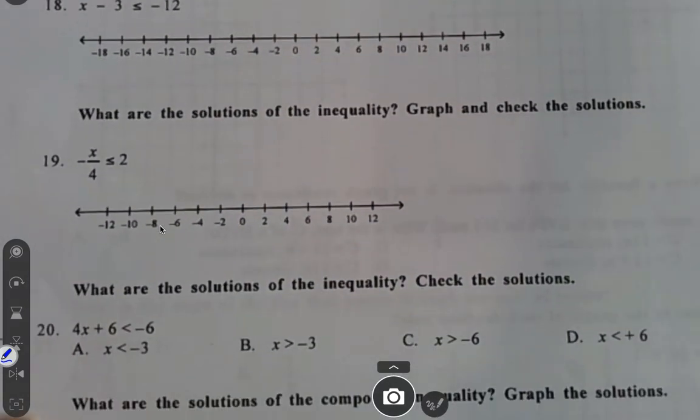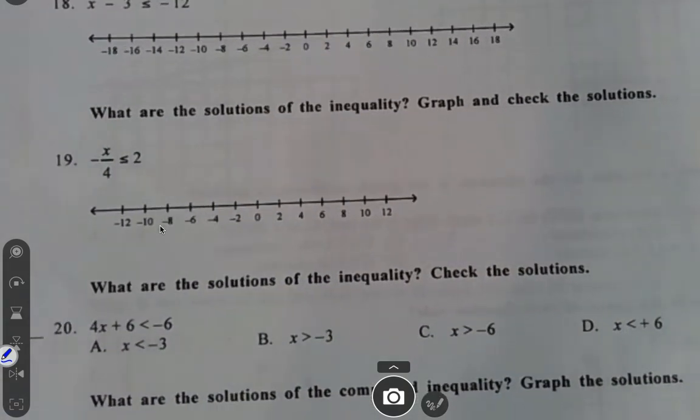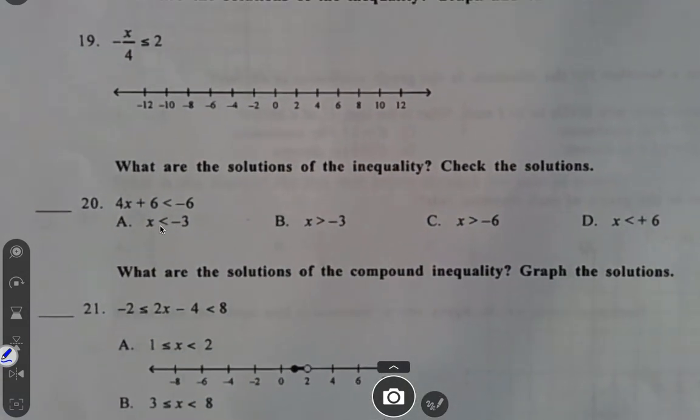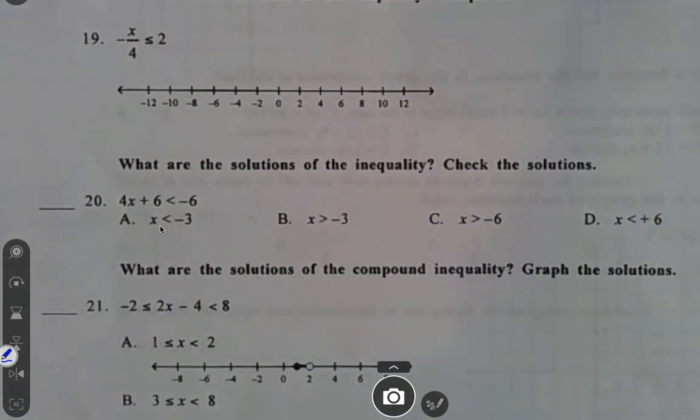Number 19. All right, on this one, how do we solve for x? What number's over here with the x? The negative 4. Instead of dividing by negative 4, we are going to multiply both sides by negative 4. What happens if you multiply by a negative?